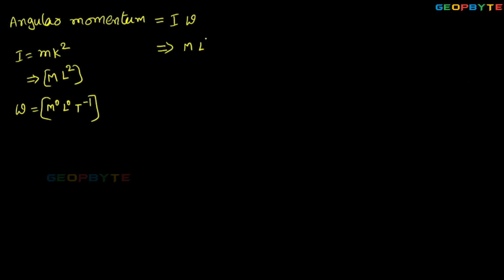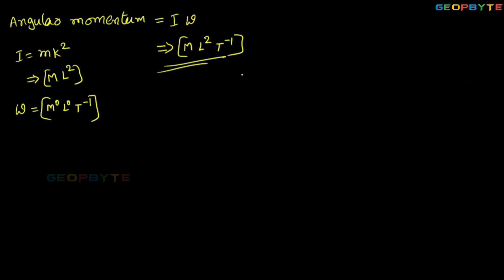The moment of inertia I has the general formula m k square, where m is the mass; the dimensional formula is M L power 2. Omega, angular velocity, has the unit radians per second; it is M power 0, L power 0, T power minus 1. Therefore, the dimensional formula for angular momentum is M L power 2 T power minus 1.